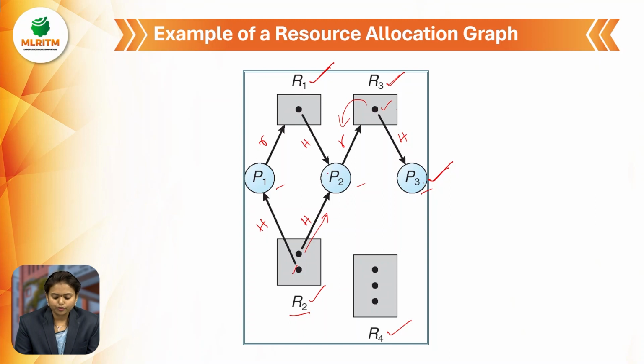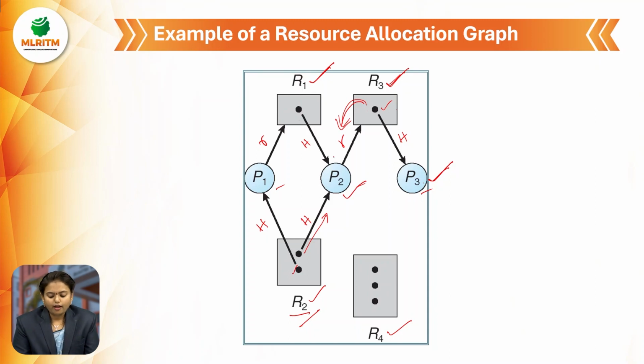Now P2 is holding instances of resource types R1 and R2, and it requested an instance of R3, which has been released. Then it is assigned to process P2, and using R1, R2, R3 with those instances, P2 will be executed.